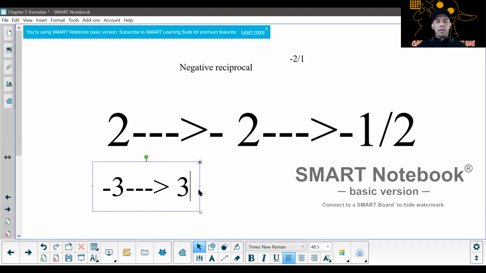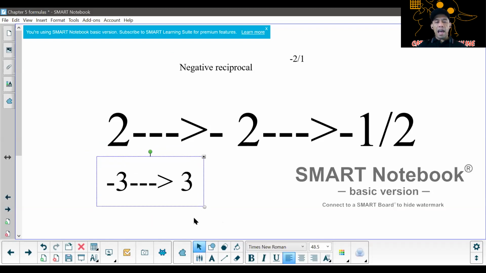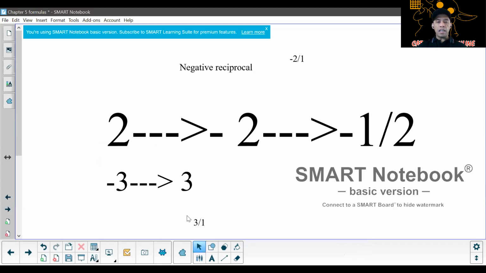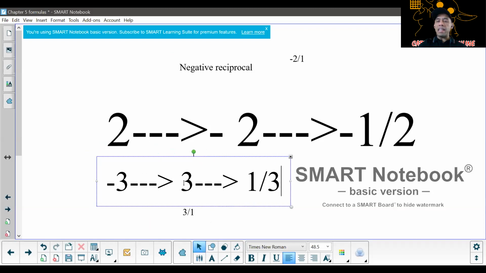Now, just like the previous example, this 3 really has an invisible 1 underneath it. So this is really 3 over 1. To take the reciprocal of that, all you're doing is, quote, flipping the 3, and that's going to give us a brand new slope of 1 over 3. So that would be the negative reciprocal of negative 3.